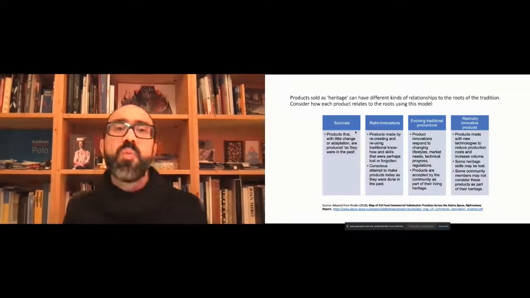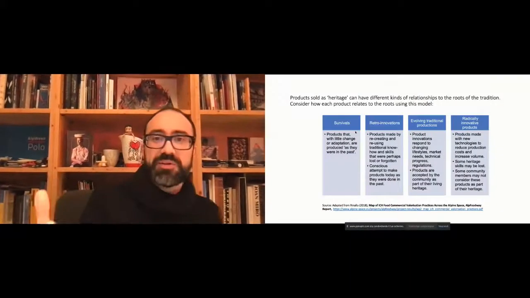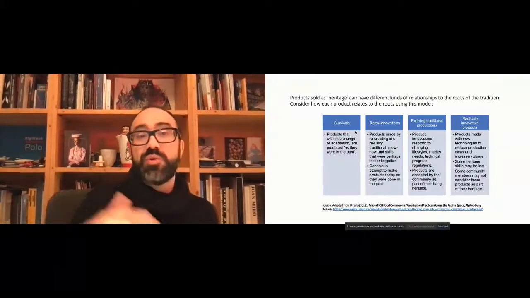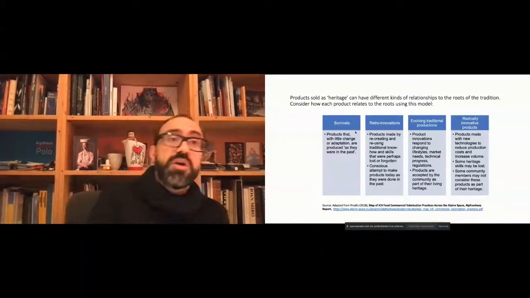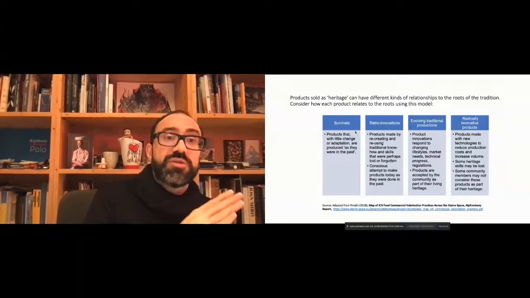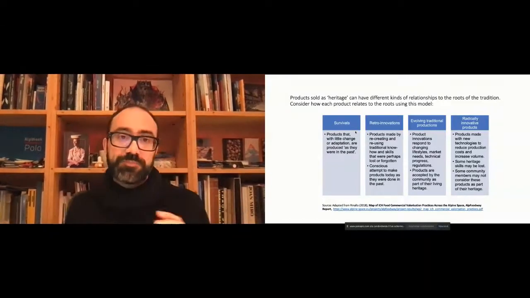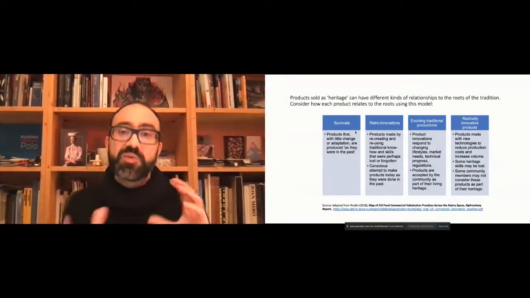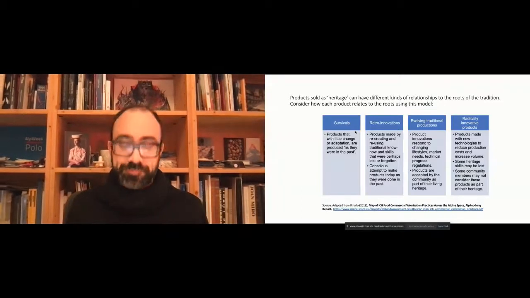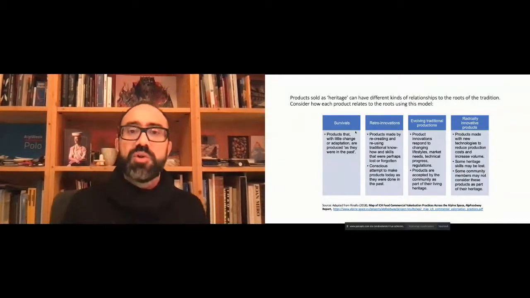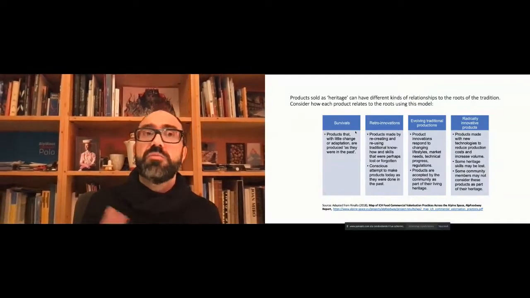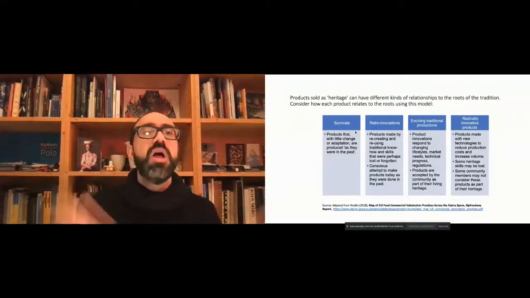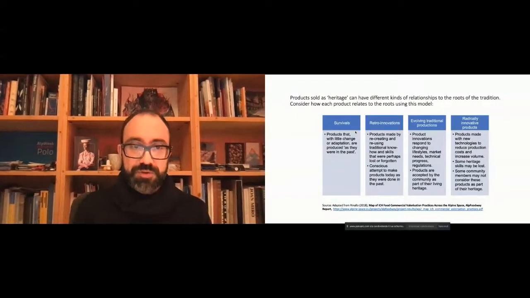So another way to look at the relationship between products in a broad sense and the traditional skills is how they relate to the tradition. This is a model that was created to make sense of food heritage, but we found it can be applicable to many other kinds of products.